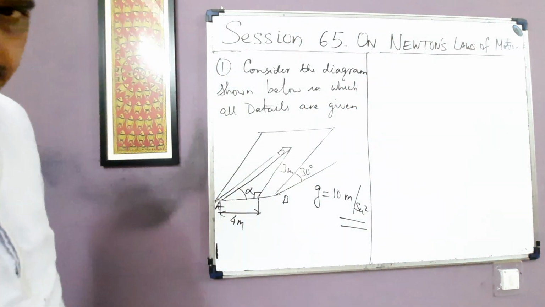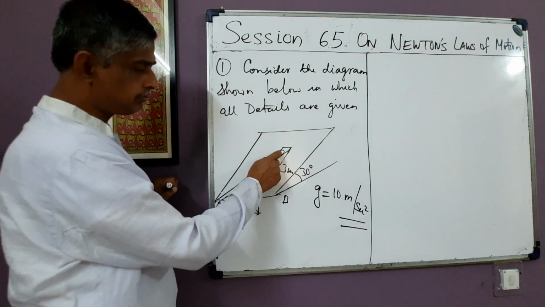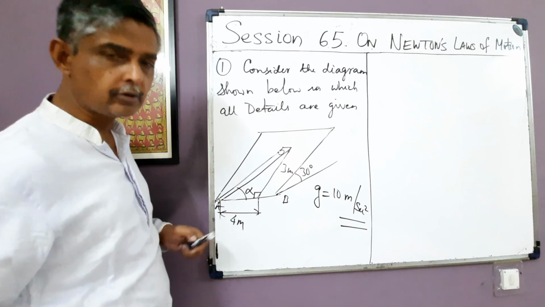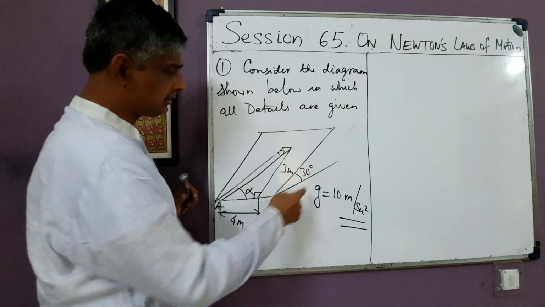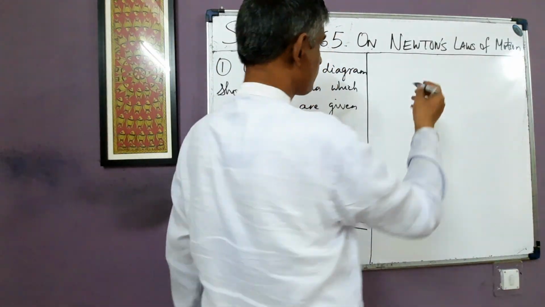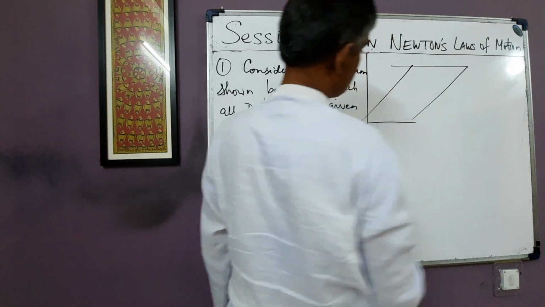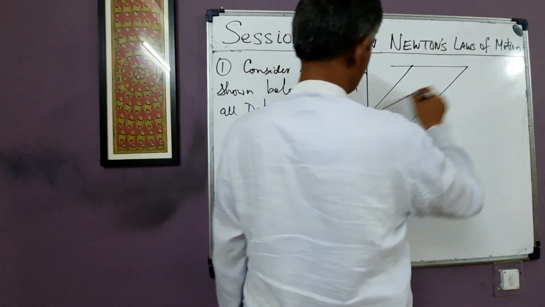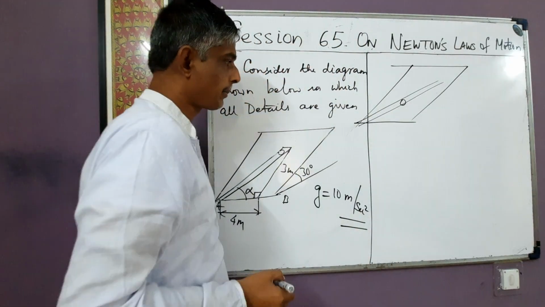Alright. So now, first I draw the free body of this particle with respect to the ground. This is the inclined plane. This is the groove, particle is sliding around this groove.